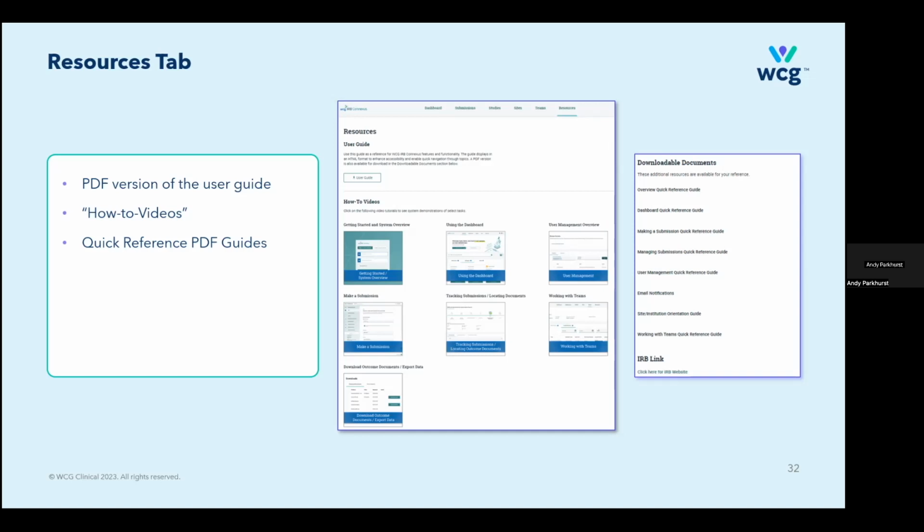Below that are how-to videos, which are about 2 to 3 minutes in length, over specific sections of Connexus, should you like to watch videos instead of read PDFs. And then below the videos are downloadable PDF versions of basically the videos, which are shorter than our user guide and cover very specific sections of the platform.